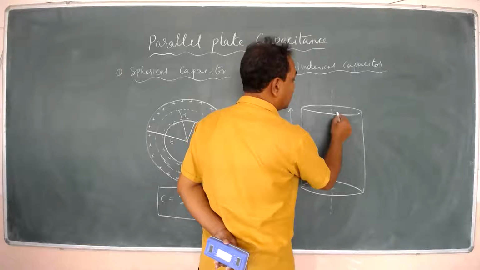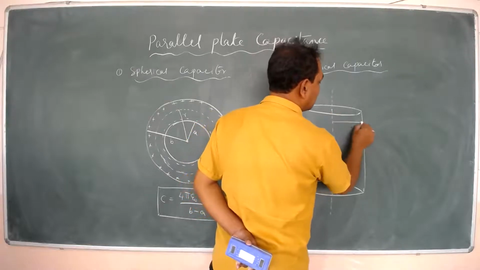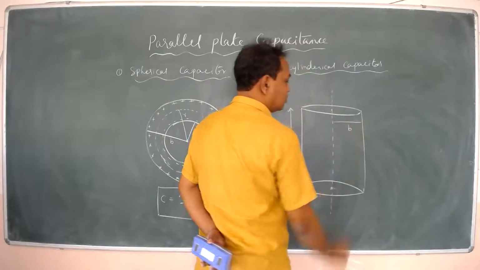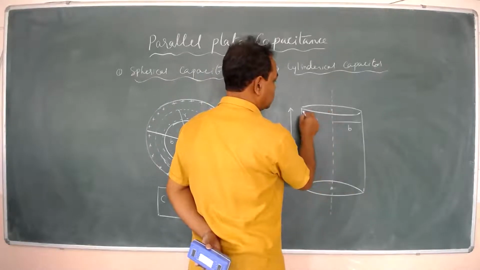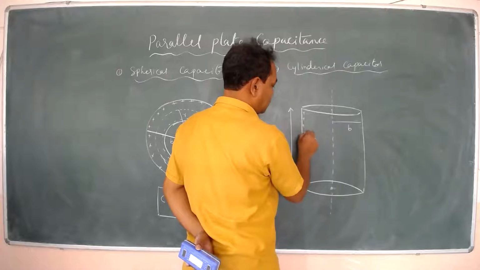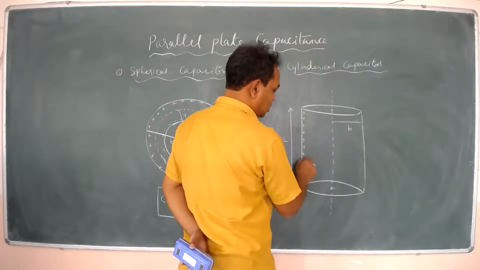This is of radius b. This is a positively charged cylinder.